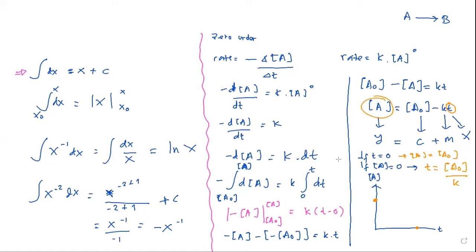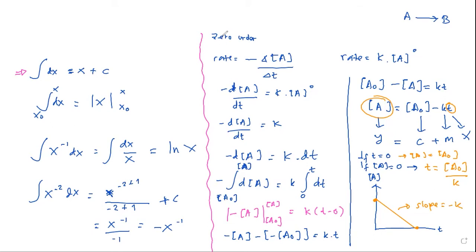So we can make the slope like this. The slope is my negative k. So that's why in the zero order reaction, the graph of concentration versus t will produce this shape.